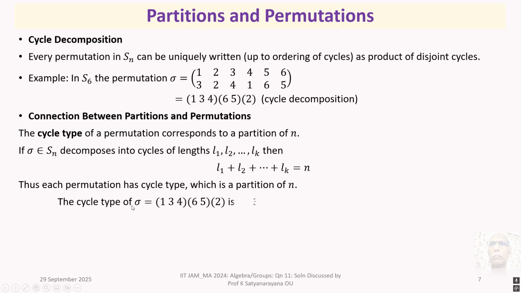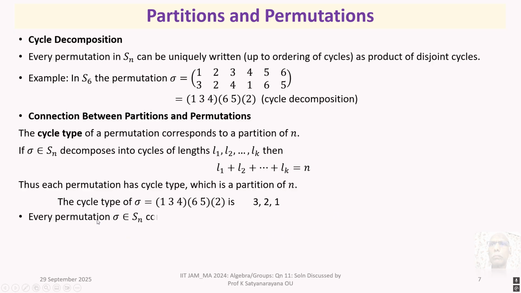The cycle type of sigma in the above example, the cycle (1 3 4) multiplied by the cycle (6 5) and 2 is fixed, is 3, 2, 1. That is a partition of n. 3 plus 2 plus 1 is 6. That is a partition of n and it is the cycle type. Right.